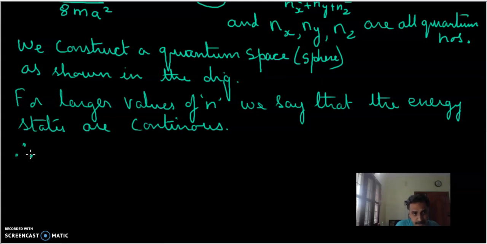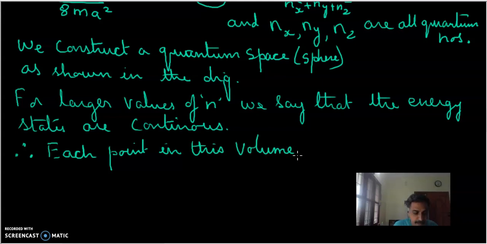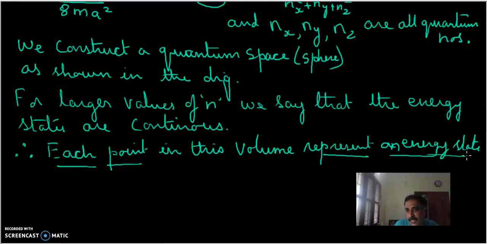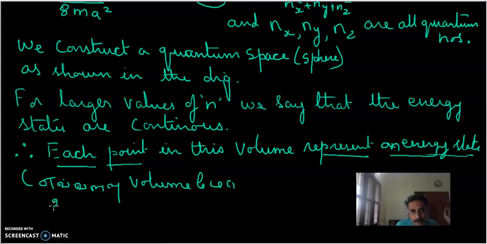Therefore, if the states are continuous, then we can definitely say that each point in this volume, the volume of the sphere which we have constructed, represents an energy state. இப்போ இதை தமிழில் சொல்லணும் அப்படின்னா நம்ம சொல்கிற மாதிரி எவ்வளவு வால்யூமோ அவ்வளவு energy state.